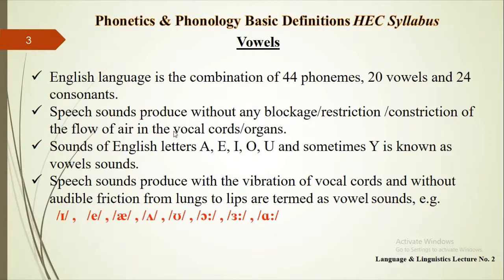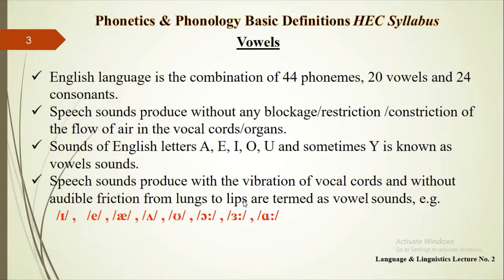Vowel sounds are produced by our vocal organs, like the tongue, teeth, and lips, when they are left open and allow the air to pass freely from the lungs to the mouth. Vowel sounds are produced with the vibration of our vocal cords and without audible friction from lungs to lips.